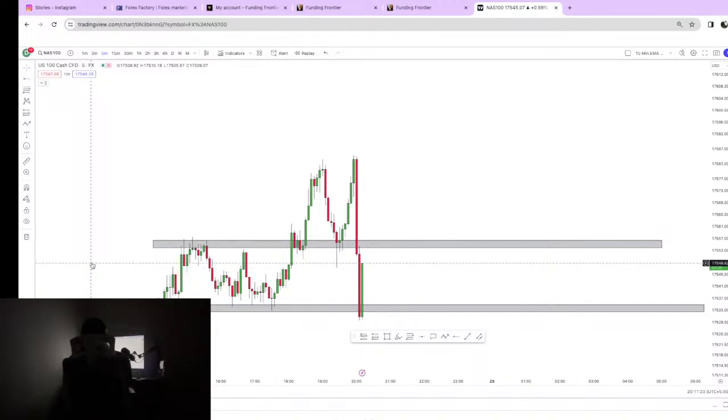So only and only if this green candle closes above this red, otherwise not, right?